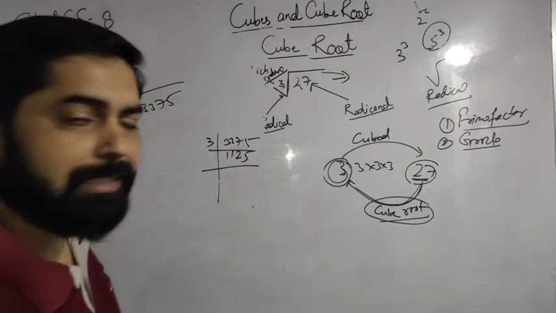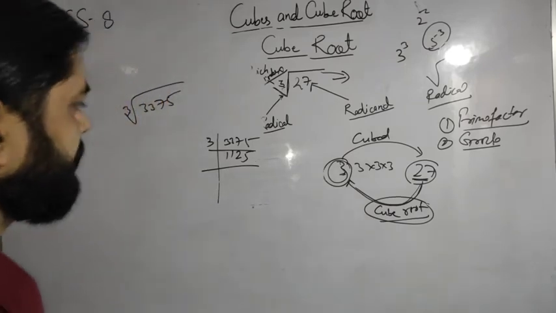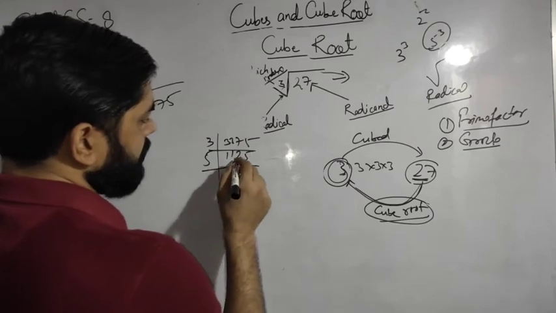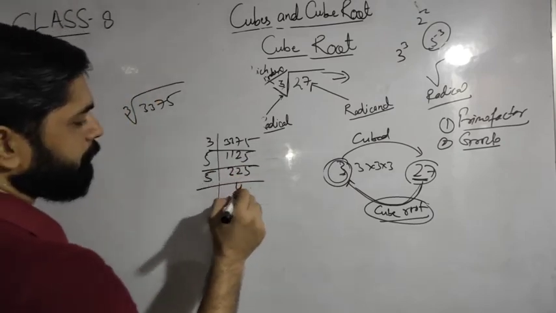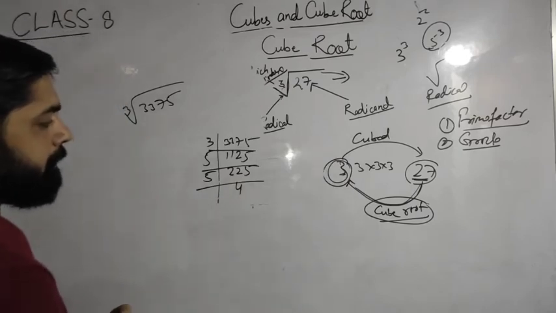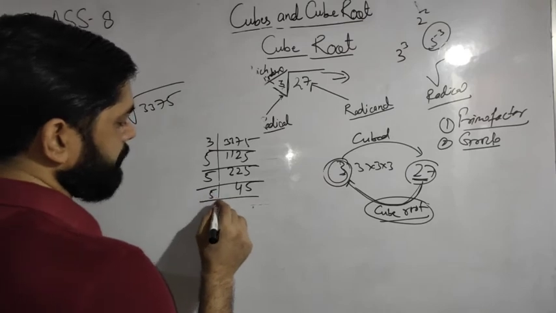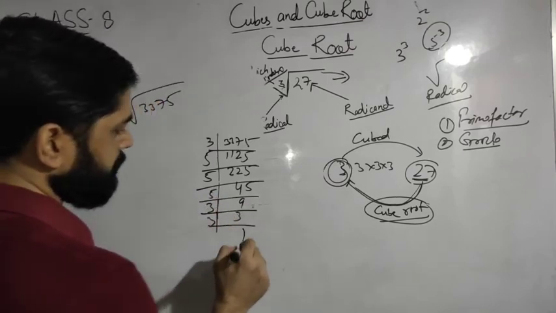You can check, or you can divide by 5. If it is not divisible, you can divide by 5. 5 twos are 10, then again 5 twos are 10, 5 fives are 25. Then 5 fives are 25, 5 nines are 45, 3 threes are 9, 3 ones are 3.